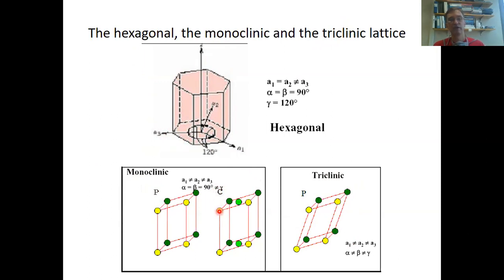So if you define here this to be the lattice parameter A, and that the lattice parameter B, then basically this is the C plane which is centered. Not only this plane is being centered, also the opposite plane must be centered.